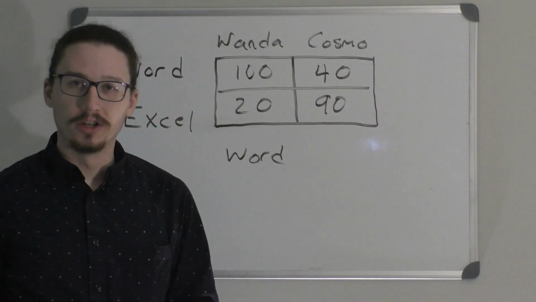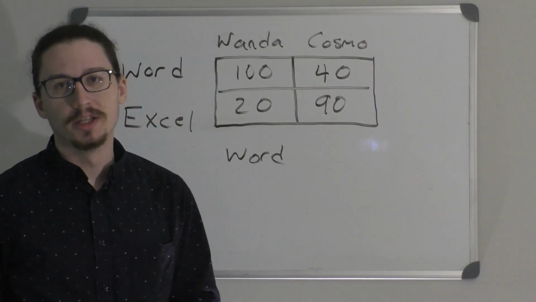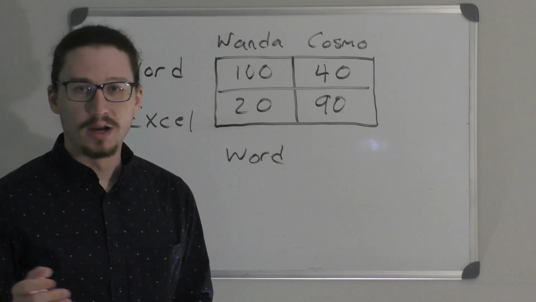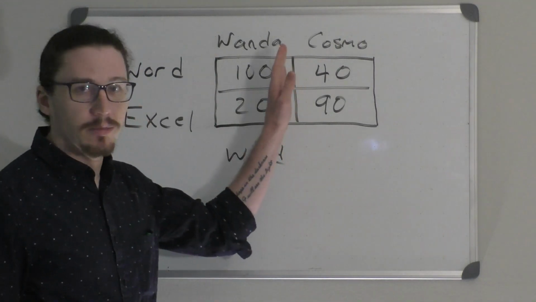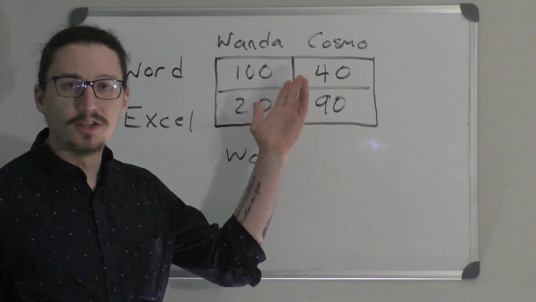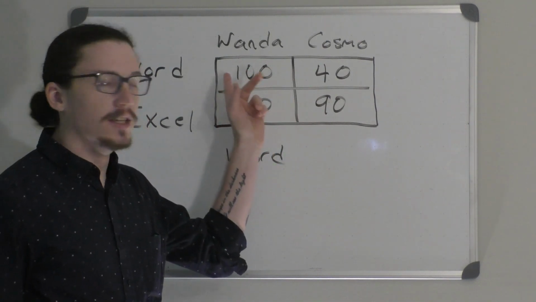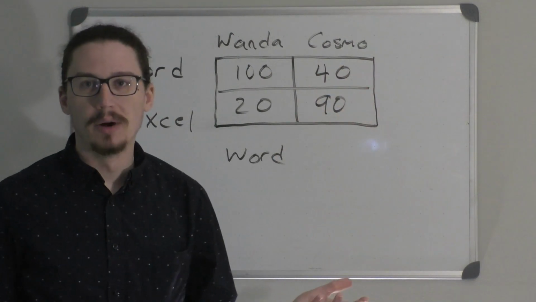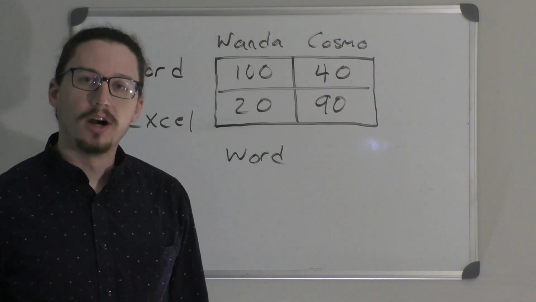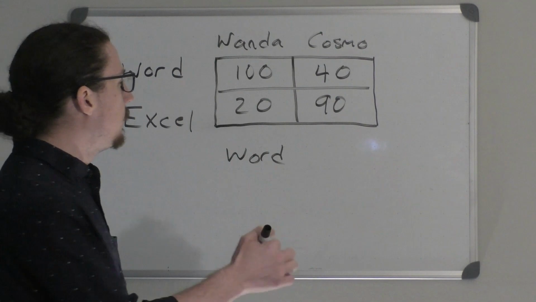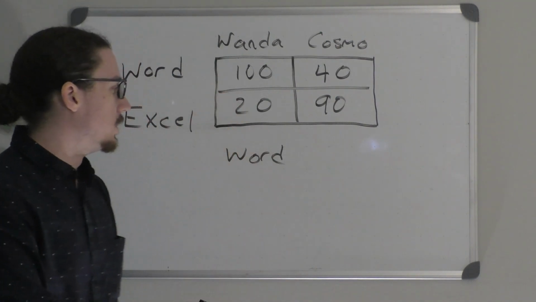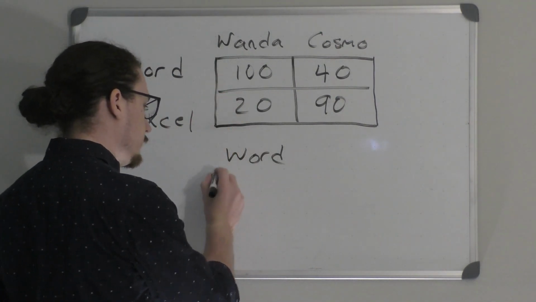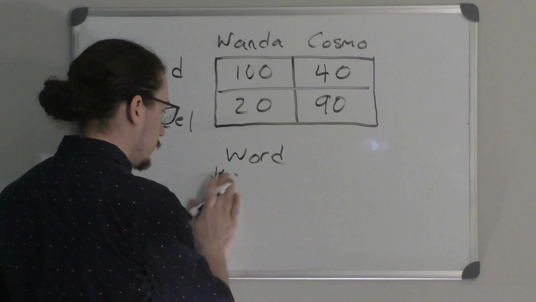Looking at Word real quick, in this simple case, you're going to charge either $100 or $40. If you're Microsoft, there's not much point in charging somewhere in between. Because if you charge in between, let's say $60, then Wanda is going to buy it for less than she would have, and Cosmo's still not going to buy it because he's only going to pay $40.